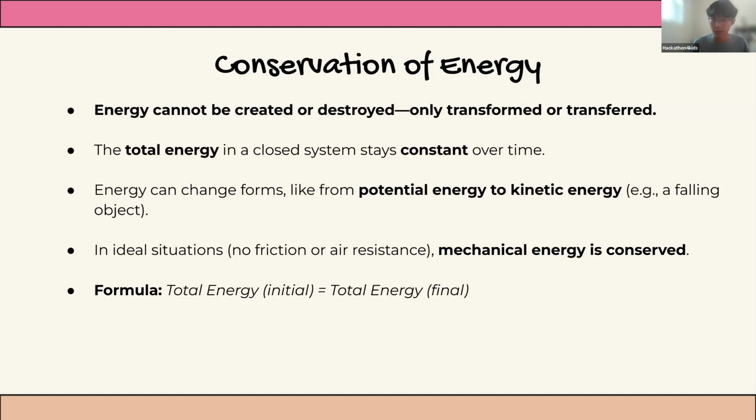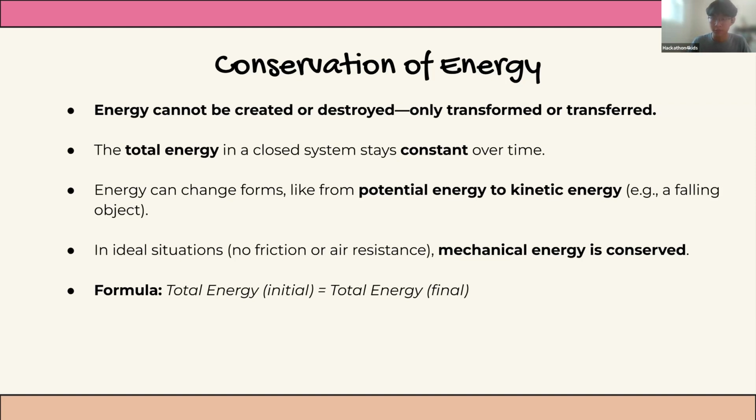To give an example, a roller coaster descends from a really high point. Its gravitational potential energy becomes kinetic energy as it speeds up going down the track. But the total amount of energy will stay the same, because gravitational potential energy plus kinetic energy in a closed system equals the total energy in the system.